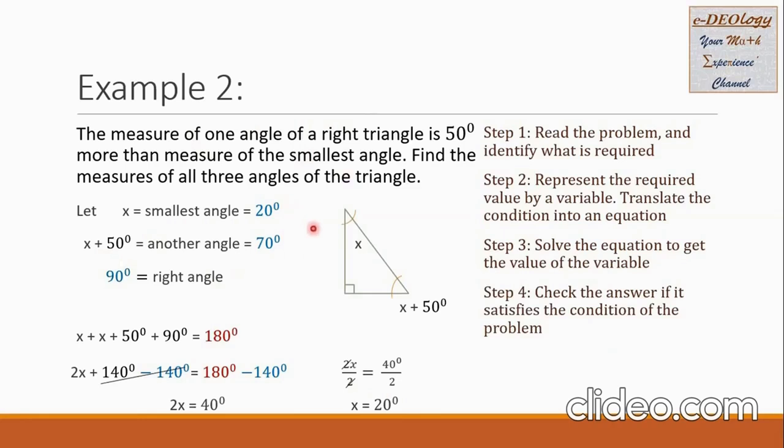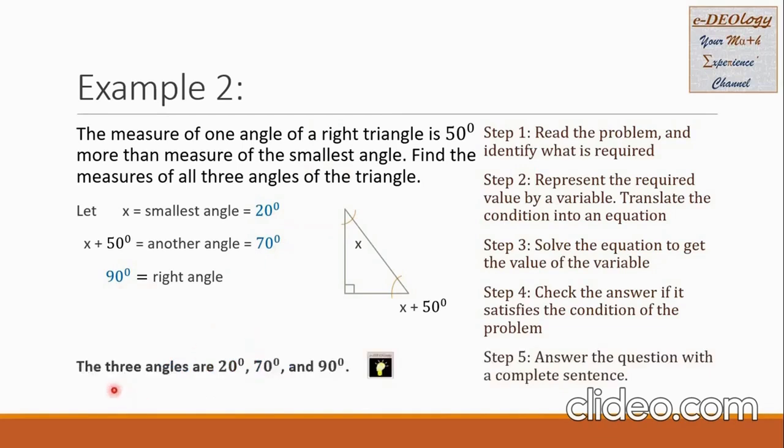The difference is 50 degrees. So that is satisfied. And also, if we add 20 plus 70 plus 90, it is equal to 180 degrees.